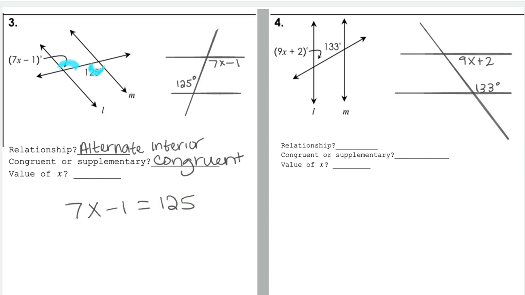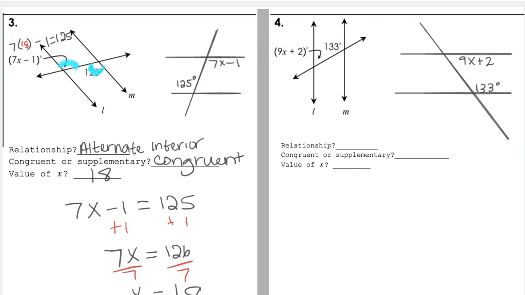So that makes our equation 7x minus 1 equals 125, and let's go ahead and solve it. And we're going to get that x is equal to 18. Right? If you wanted to plug it in and double check, we have 7x minus 1, so that would be 7 times 18 minus 1, which does give us 125.